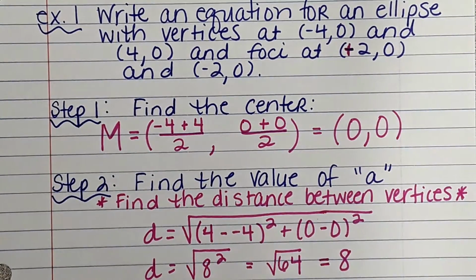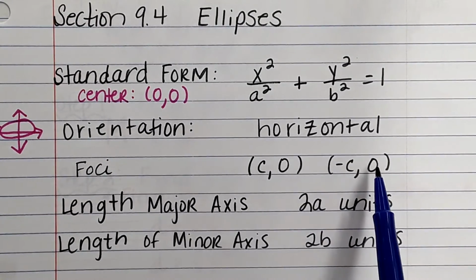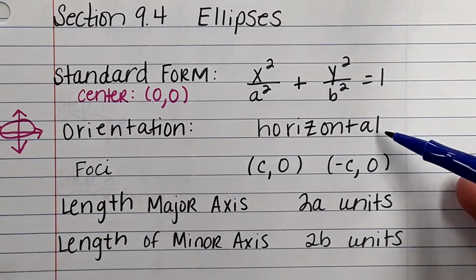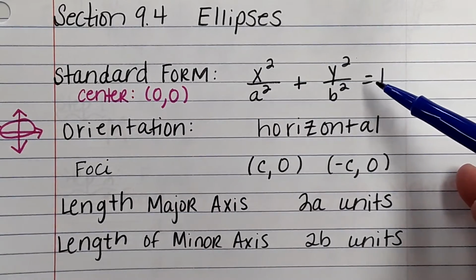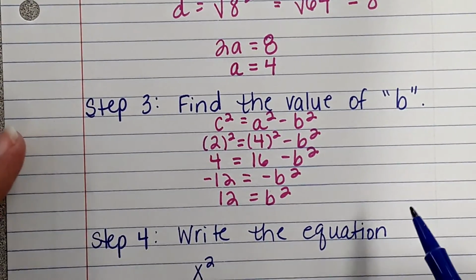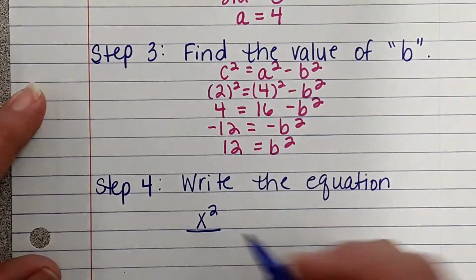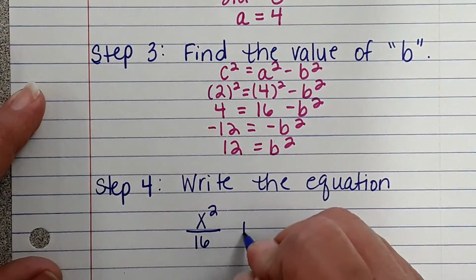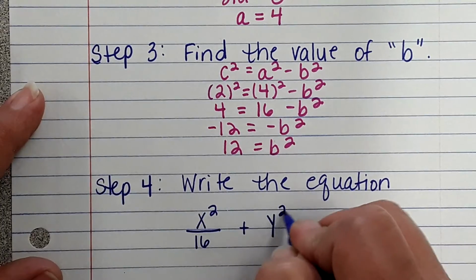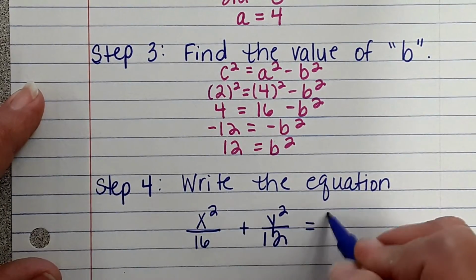That means it's a horizontal ellipse and it's going to look like this equation. So here we go. x squared over a squared, and our major axis is a squared. Well, 4 is our a, so square that, we get 16. Plus y squared over b squared. We know b squared is 12, and then it equals 1.